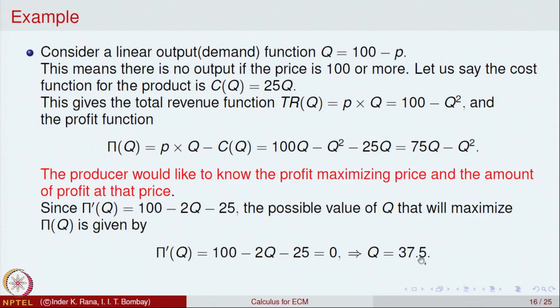The endpoints are 0 and, say, 40. Is q equal to 40 a value to be considered for the absolute maximum? One can look at the nature of the derivative.